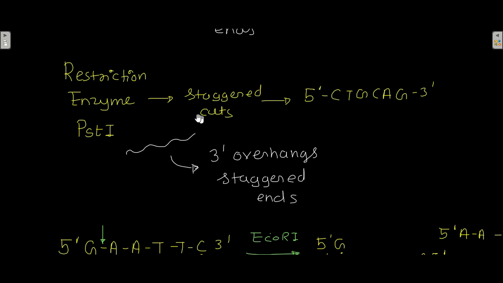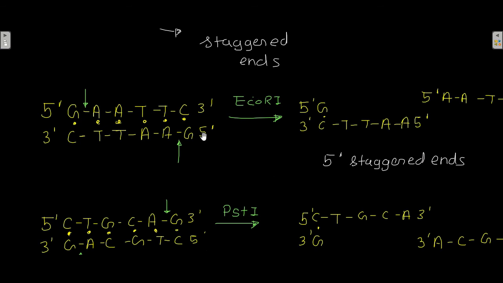On the other hand, when the restriction enzyme known as PstI works on a particular DNA molecule, it generates staggered cuts which are known as 3' overhangs or 3' staggered ends. So this is what we are trying to say.